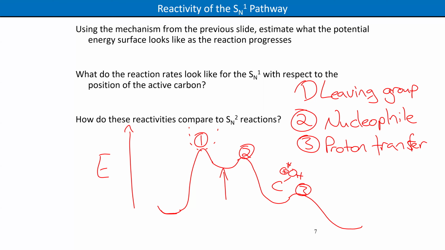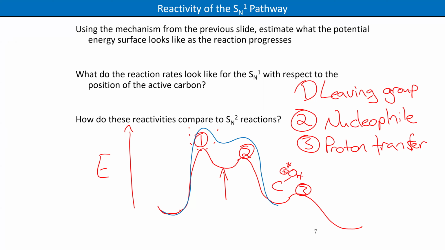So basically our reactivities for SN1 go the exact opposite of SN2. Because the more substituted the carbon was for SN2, the slower it went, because you had more stuff in the way, right? But for SN1, the more substituted it is, the more stable this intermediate. So if this is a tertiary group, for a secondary group, it might look like this, and then kind of merge back in.